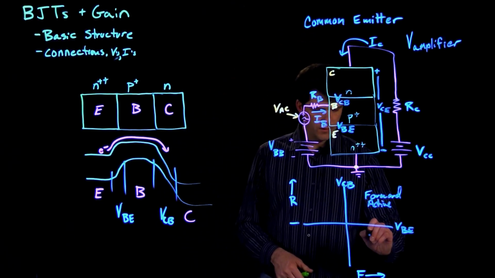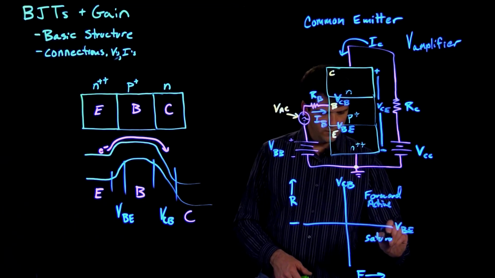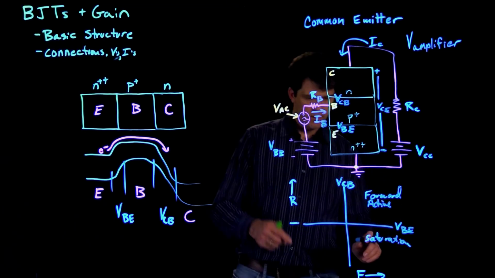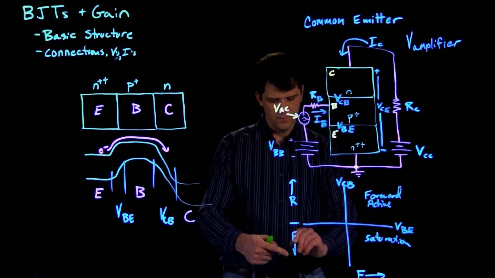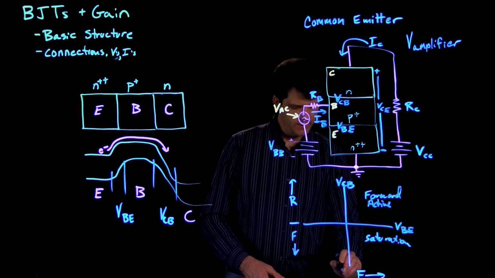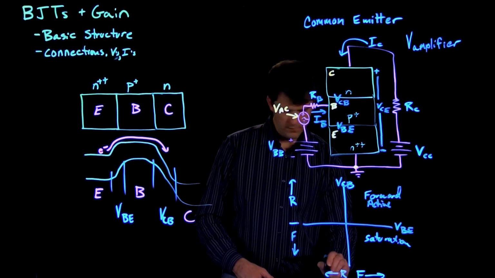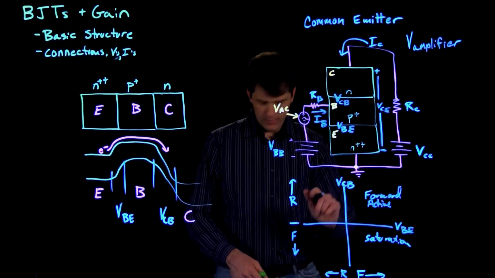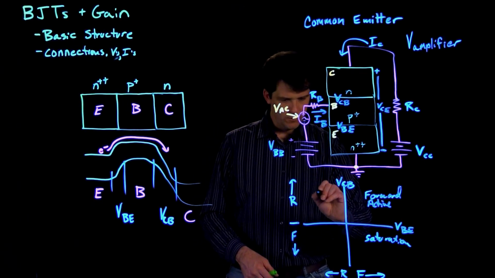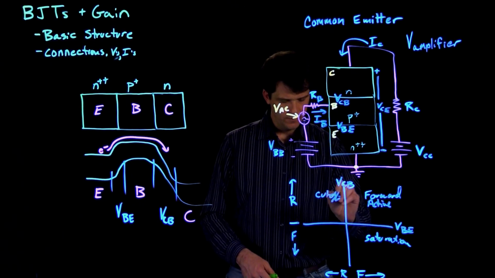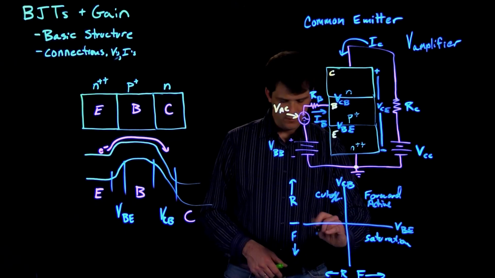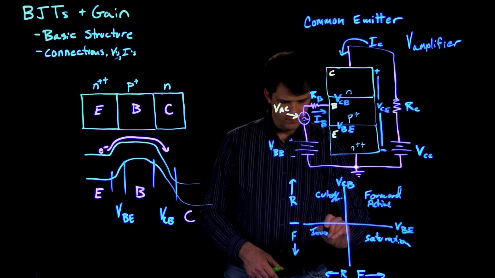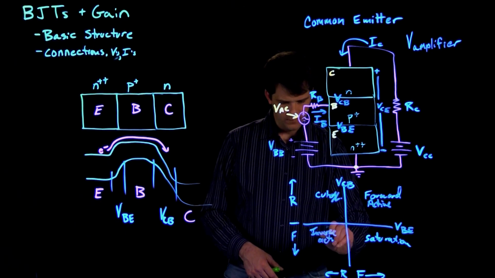So then if they're both in forward bias, we have the saturation region, and then cutoff will apply in this region. And then this third quadrant ends up being inverse active.